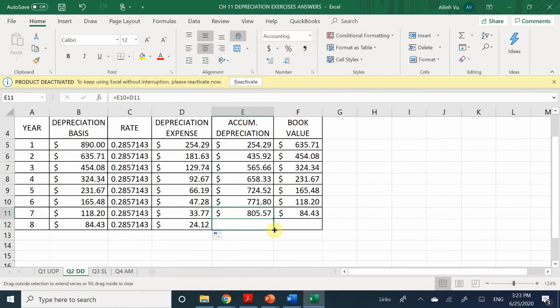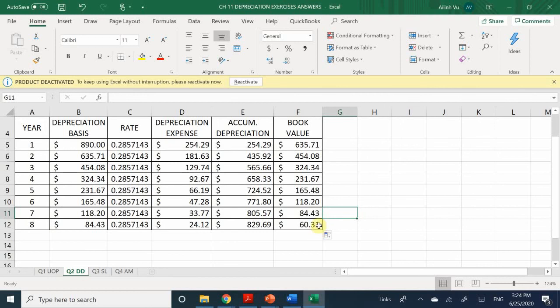Oh, wait a minute. It's 805 plus 24. Okay. Book value should be $60.31. That means it can last one more year for us.